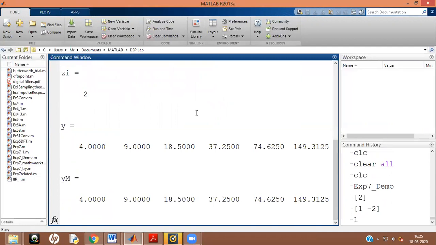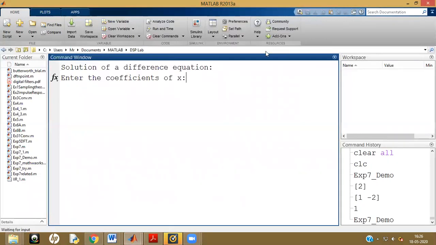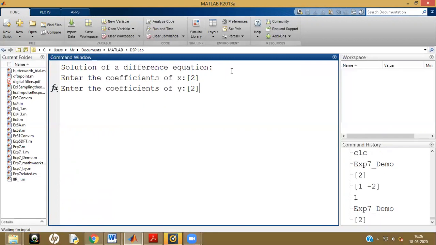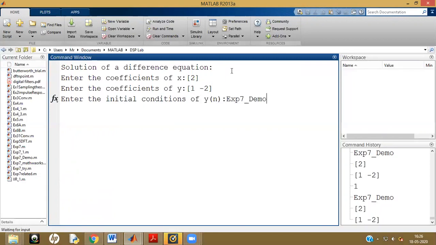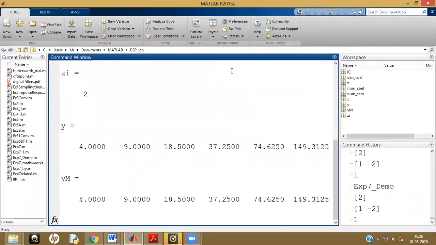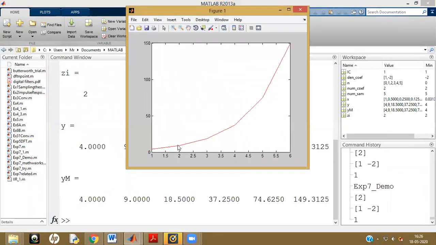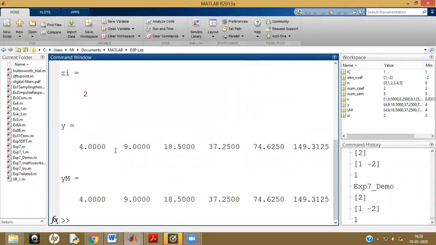You can see the two results: one is y, which is returned by MATLAB, and this is ym, which is calculated. Initial condition, I'll give 1, and you can see the plot here. The output is continuously increasing, so it looks mostly like an unstable system. But there is only one plot because both the plots are overlapping one another. They are perfectly matching.